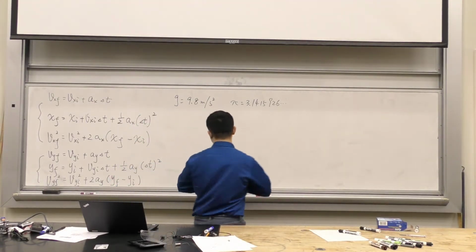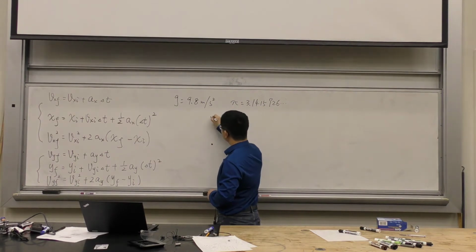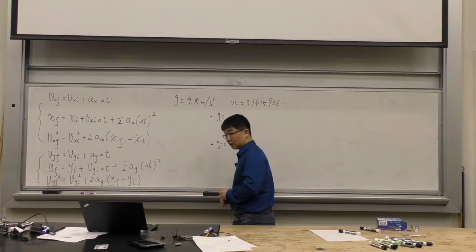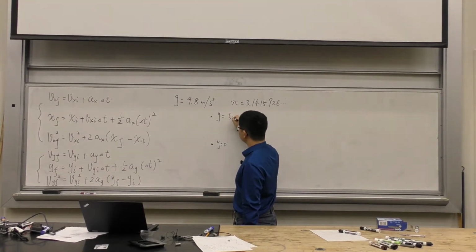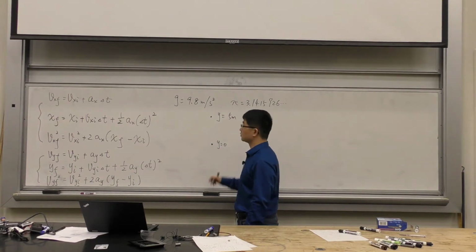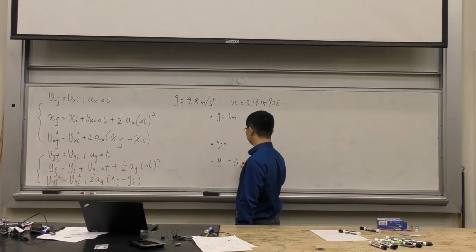If I pick a zero reference here, that's the starting point of motion. If this is my y equals 0, that's the zero height I pick. This point is going to have, say, 5 meters, because it's higher than the zero reference. And if I pick a point here, that point must have negative 3 meters, right?